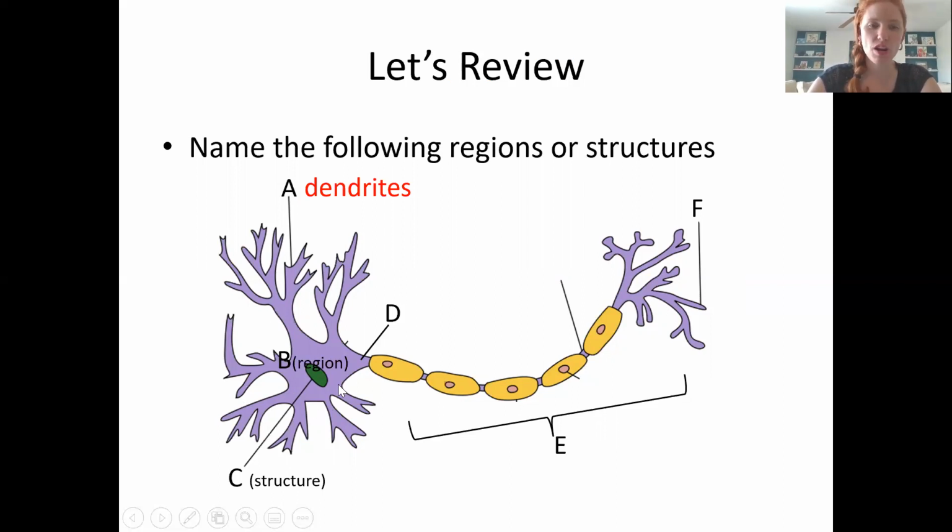And this region right here, the whole part right there would be the cell body, also known as neurosoma. If you want to use that term, that's fine with me. And then this little structure that's found inside of the cell body, that would be the nucleus. Now, this initial part right here, the fat part, kind of cone-shaped is usually how they describe that.